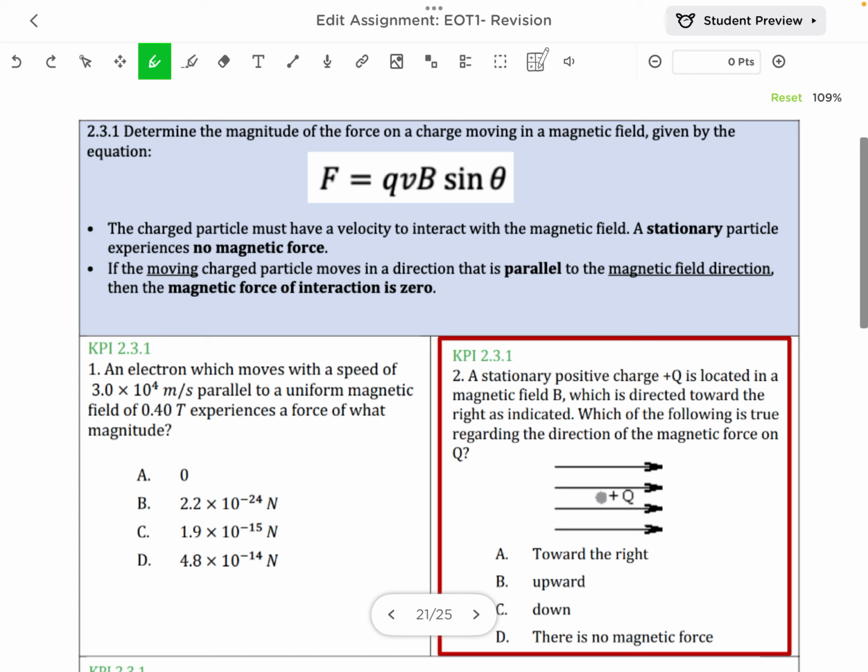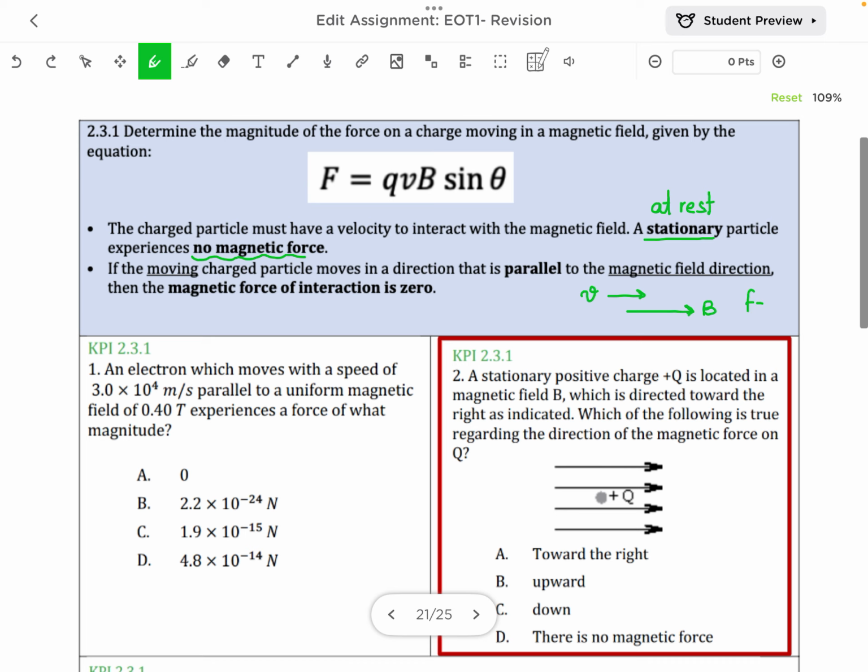So basically, there's no force if the particle was at rest, or if the charge is moving parallel to the magnetic field. This means if the magnetic field is along the horizontal, the velocity was also parallel to it.